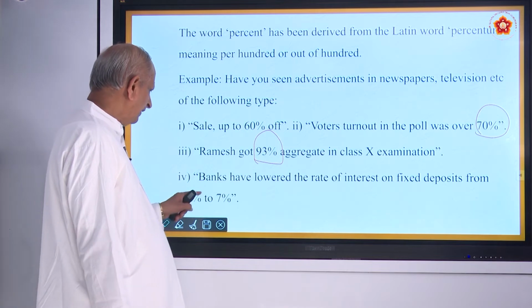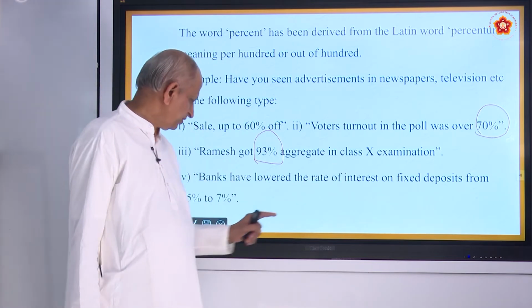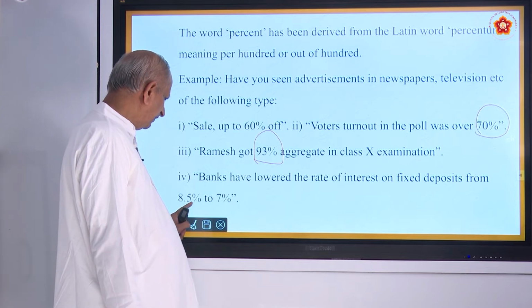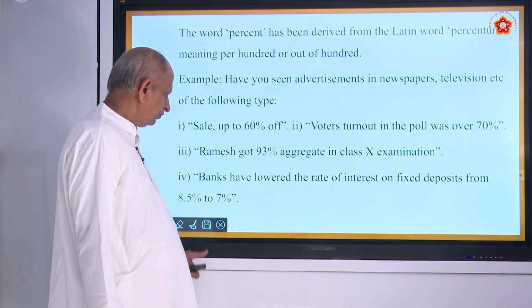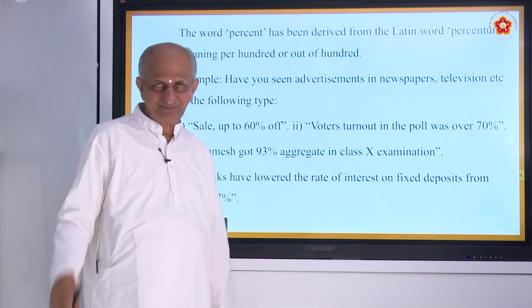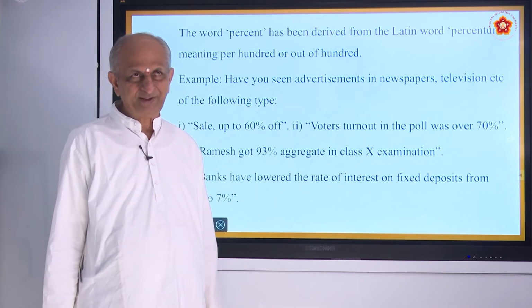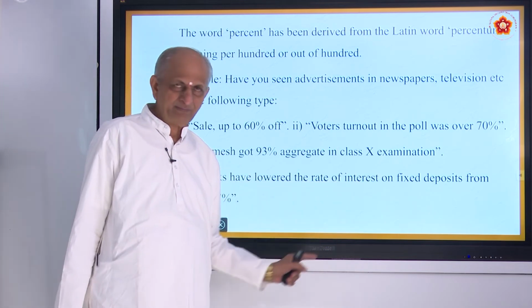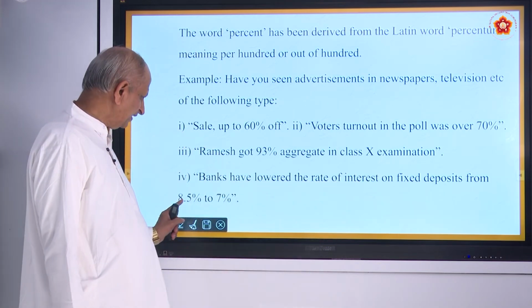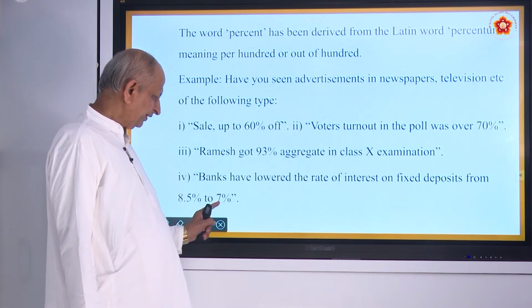And also you have heard about banks lowering the rate of interest on fixed deposits from 8.5% to 7%. So naturally the bank will give interest, no? Savings bank they give the lowest, some 2.5 to 3%, and FD will be maximum. But nowadays they are reduced. It was 8.5% earlier, now 7%.